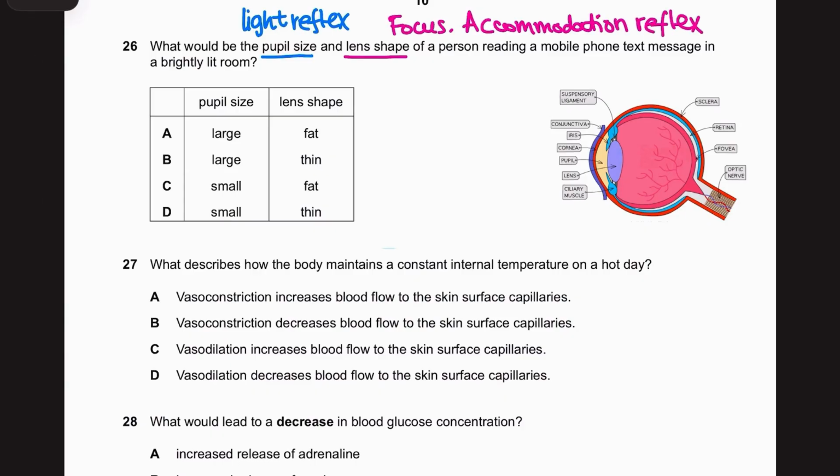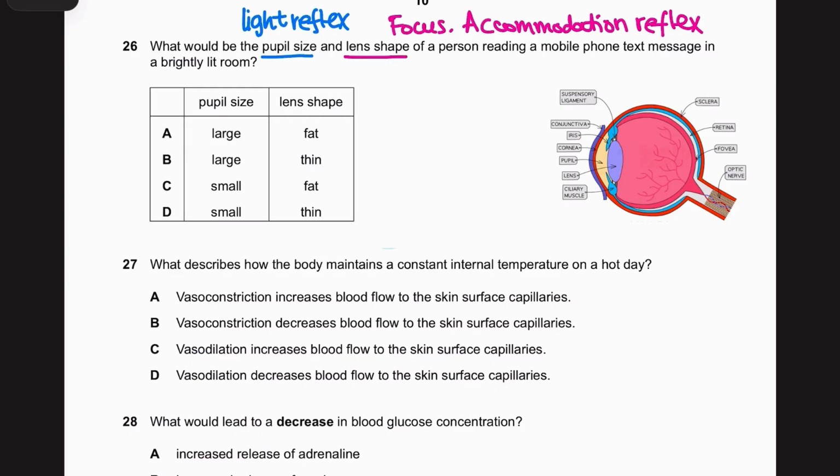What that means is, depending on where you are, the shape of the lens will change to help focus the image directly onto the retina, and therefore you'll see things clearly. If your lens doesn't focus properly, the image you see will be blurry. Okay, so that's why the pupil size and the shape of the lens matter to help you look at things in the most clear way.